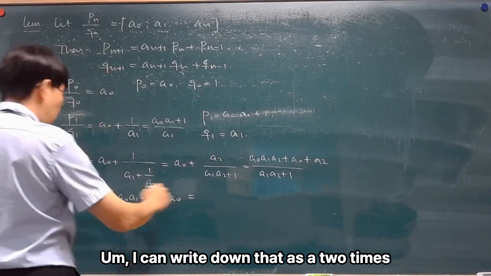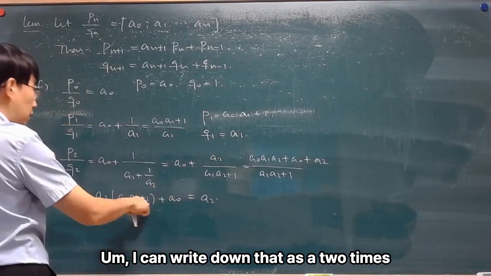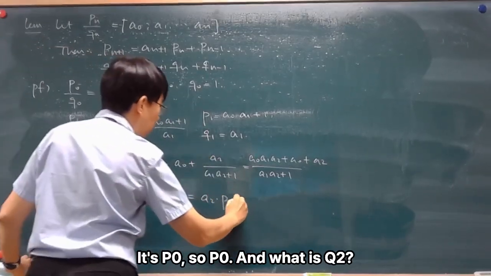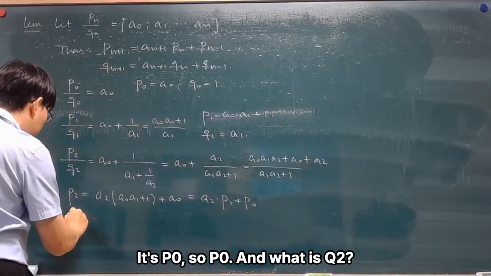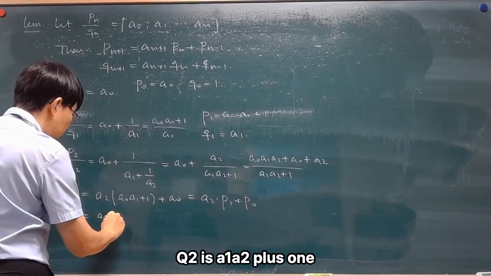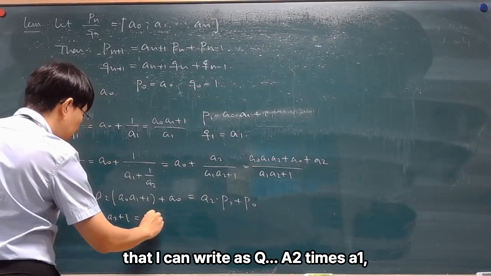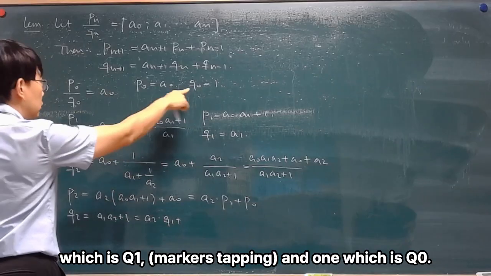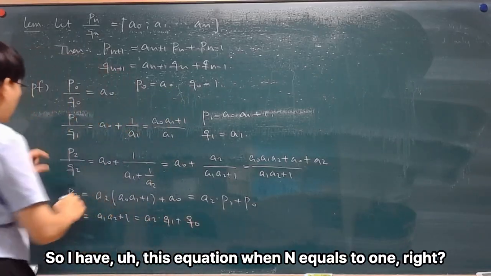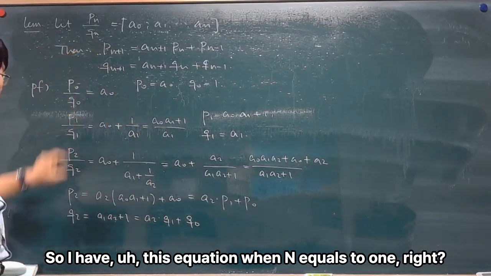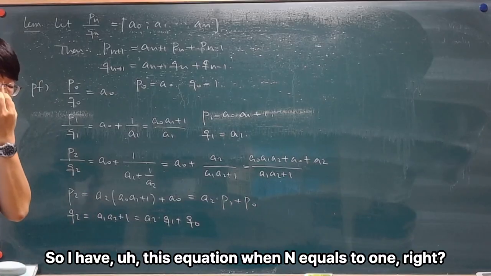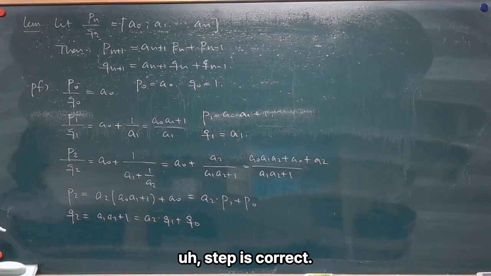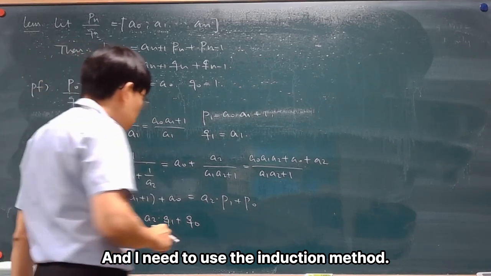I can write that as a2 times this one, which is P1, plus a0, which is P0. And Q2 is a1 a2 plus 1, but I can write it as a2 times a1, which is Q1, plus 1, which is Q0. So I have this equation when n equals 1, right? So I know that the initial step is correct, and I need to use the induction method.